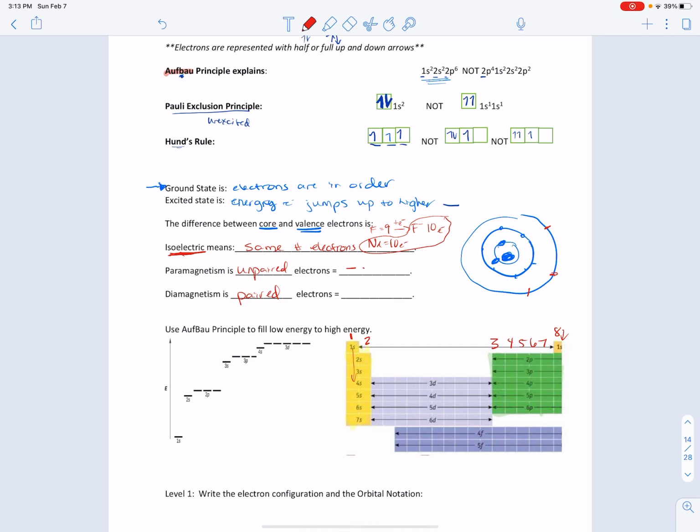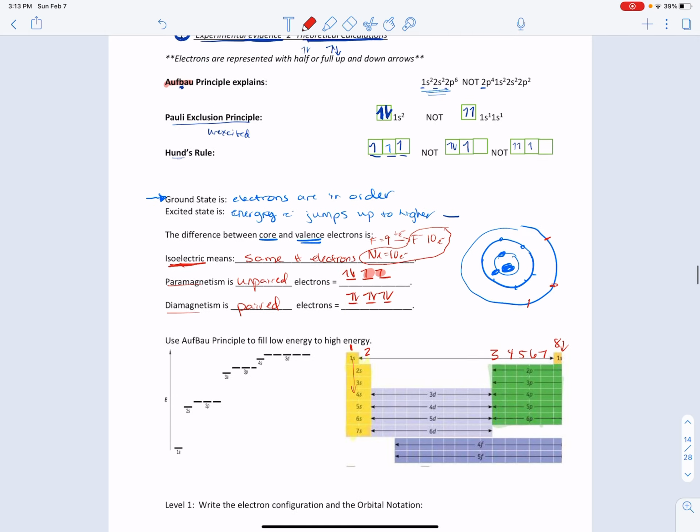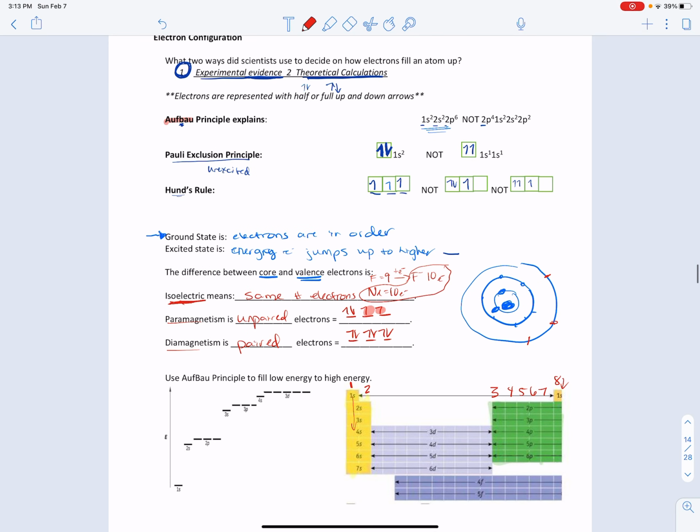So if you have some degenerate orbitals, and this picture has some unpaired electrons, that's paramagnetic. But if we do this, now there are no unpaired electrons, and that is diamagnetic. We've got some great videos from Dr. Bean on what paramagnetism and diamagnetism do and how they are affected by magnets.